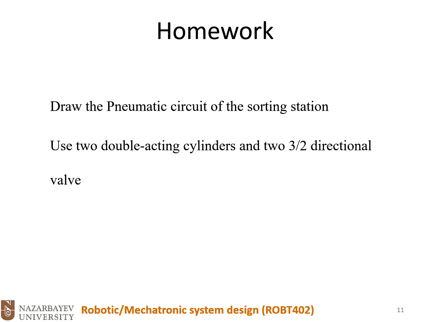Okay, so we have a homework here that the solution is not provided, so I expect students to come up with the solution themselves. You need to draw the pneumatic circuit of the sorting station. So what was the sorting station?